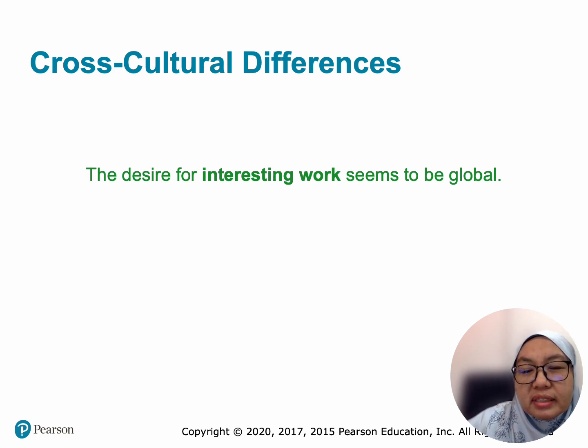So, despite these cross-cultural differences in motivation, a number of cross-cultural consistencies exist. For instance, the desire for interesting work seems important to almost all workers regardless of their national culture.